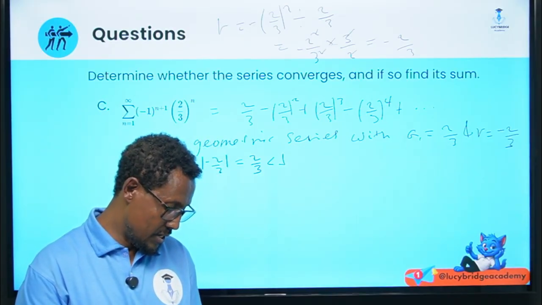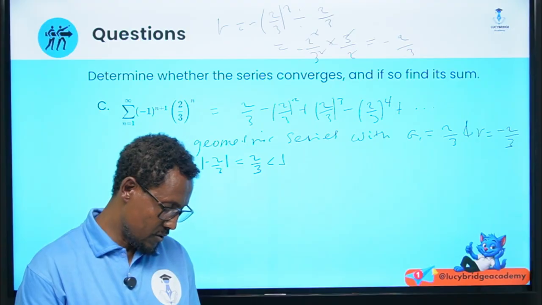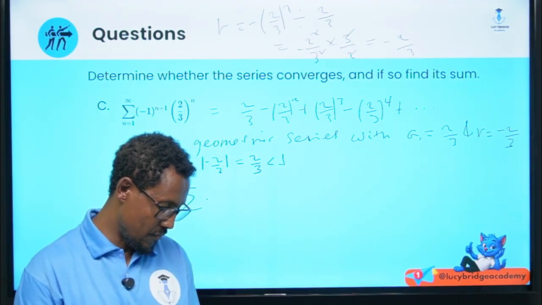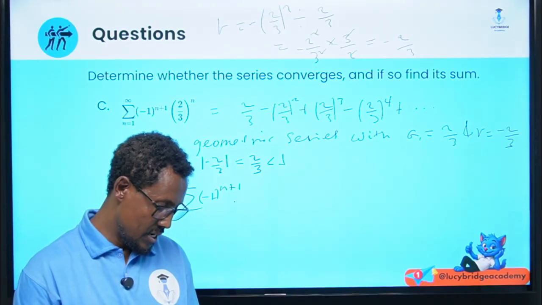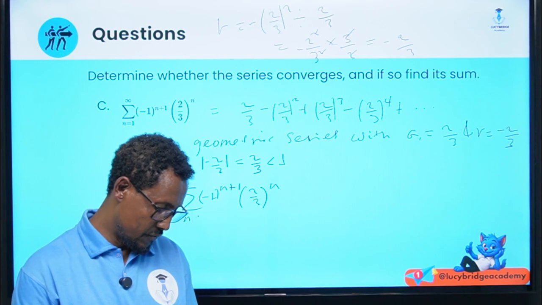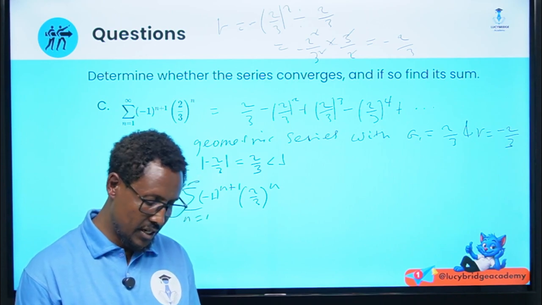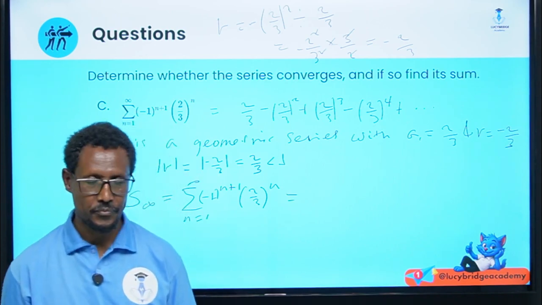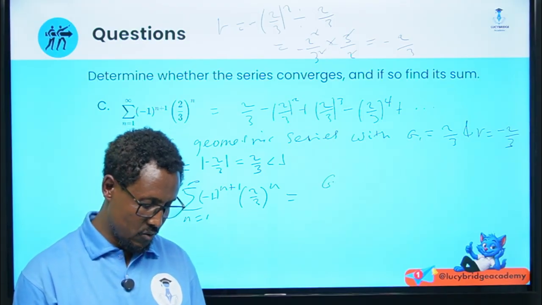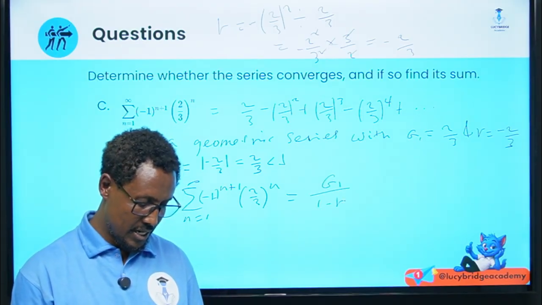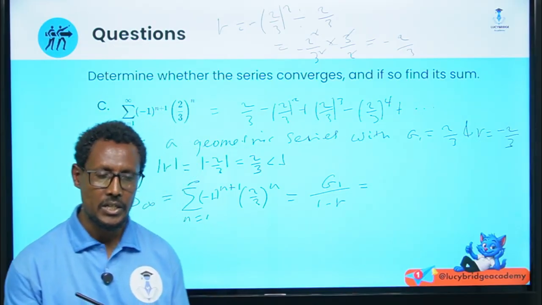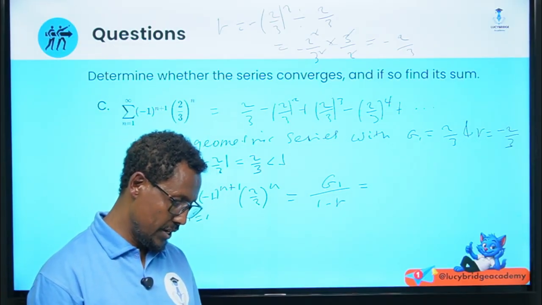S infinity, you can write S infinity, which is equal to the sum of what? The sum of (minus 1) to the power of n plus 1 times (2 over 3) to the power of n, where n starts from 1 to positive infinity, which is equal to G1 over 1 minus R. How much is G1? G1 is 2 over 3.